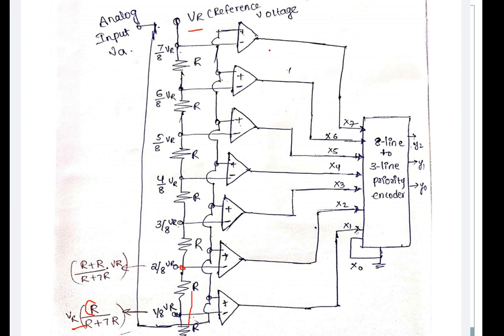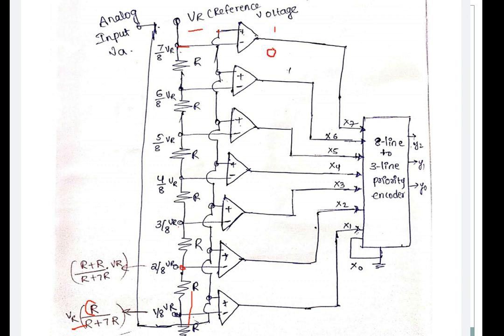So this comparator will compare the reference voltage at this particular point with the analog input voltage, and depending on these two voltages it will give either logic 1 or logic 0.